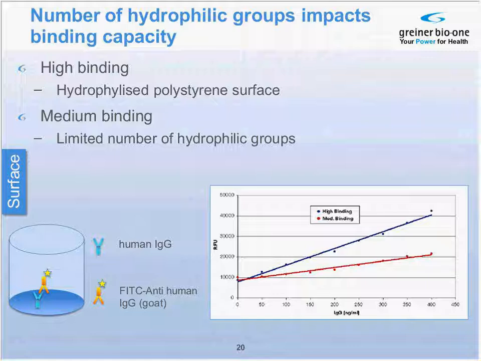This graph is a comparison of a high and medium binding plate in a fluorescence immunoassay, where IgG is immobilized on the plate surface and detected with a FITC-labeled antibody. Binding capacity for IgG is significantly higher on the high binding surface in blue than on the medium binding surface in red.